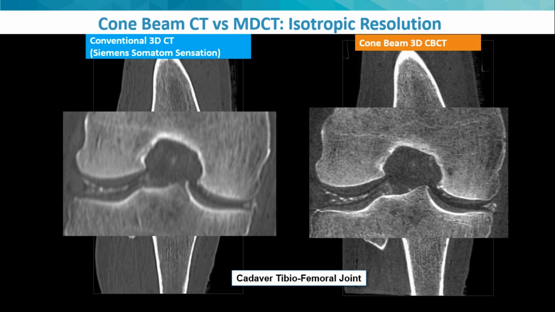So there are 2 aspects of patient absorbed dose. One is the amount of X-rays the machine produces, which is determined by the technique you use, the kV and the total mAs. The other is the patient positioning. These orthopedics targeted systems typically only image one limb.